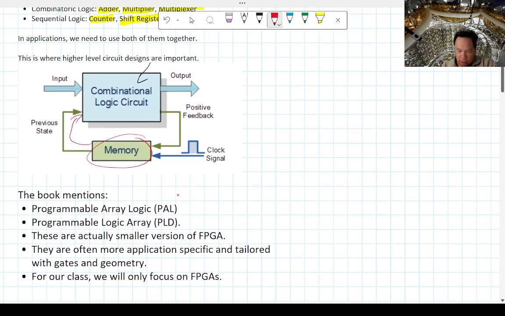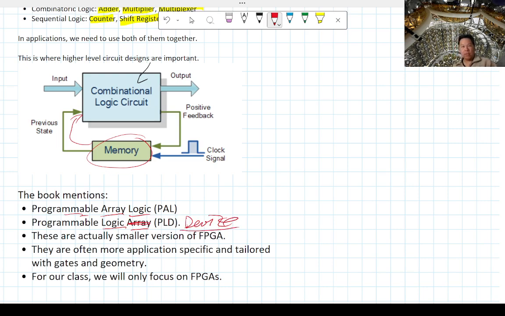In this section, the book also mentioned the programmable array logic. Hopefully this sounds familiar, right? Because the stuff we've been dealing with is the field programmable gate array, which is basically a much more expansive version of a programmable array logic. There's also a programmable logic array device. I think that's what the D stands for, right?